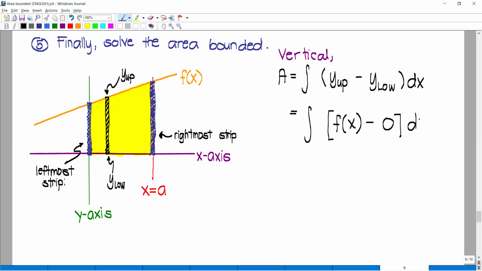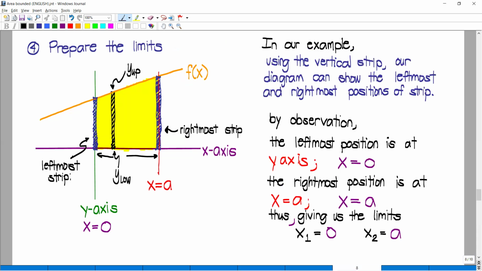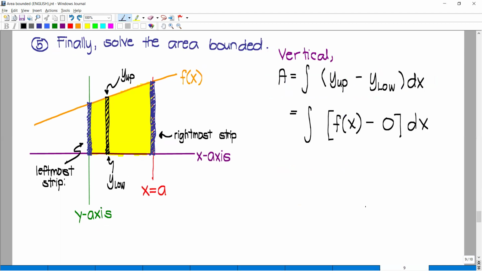So times dx. And we are going to put the limits here, right? And in what step did we look for the limits? That is step number 4. In step number 4, we saw that the limits are 0 and letter a. So the limits will run from 0 to a.